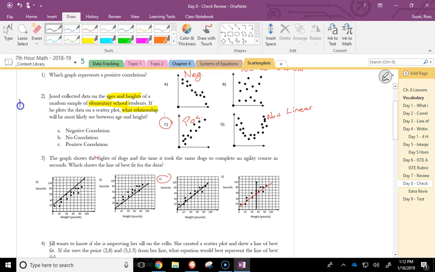So I would have really quick, just so I could visualize it, just said age, height. I have an elementary student. One, I know every year they're going to get older. So we know we're going to keep going. They might not act older, but they will still be a year older. So we're getting older. What about the height?